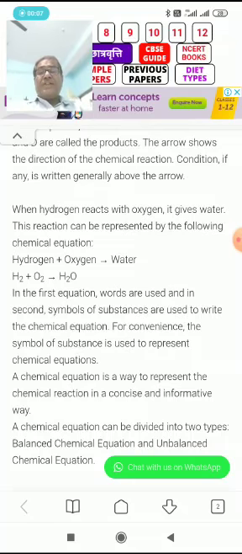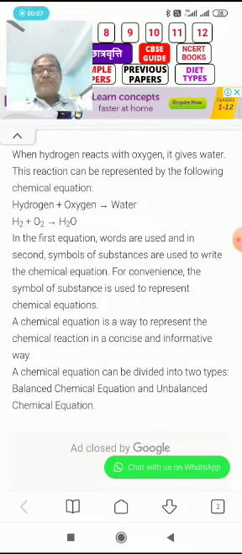So this is the symbolic representation of the chemical reaction between hydrogen and oxygen to form water. So it is a chemical equation: H2 plus O2 gives H2O. A chemical equation is a way to represent the chemical reaction in a concise and informative way.